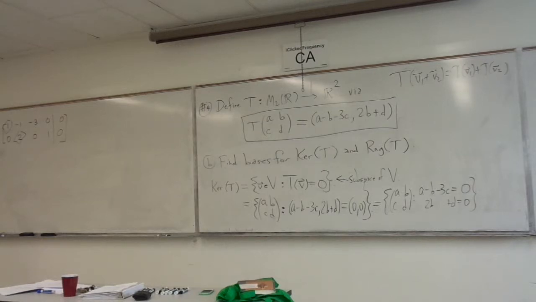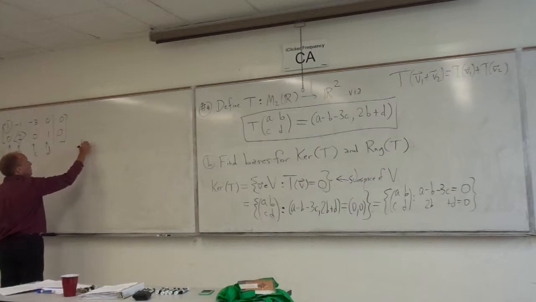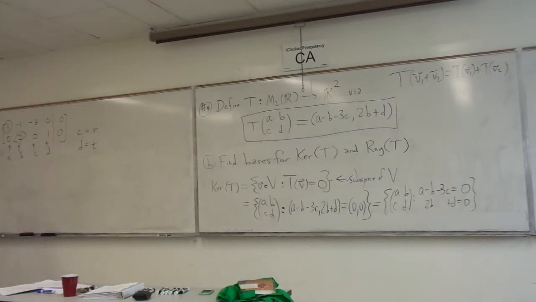The pivots are looking pretty good. So which variables are the free variables? C and D. Yeah, C and D, right? Remember your columns correspond to your unknowns, A, B, C, and D, and C and D are the unpivoted columns. So C and D are free. So if we started writing down what C and D are, I like to use R and T as my free variables usually, right?